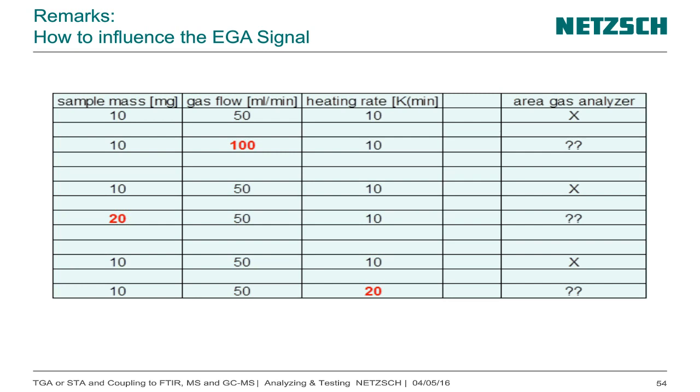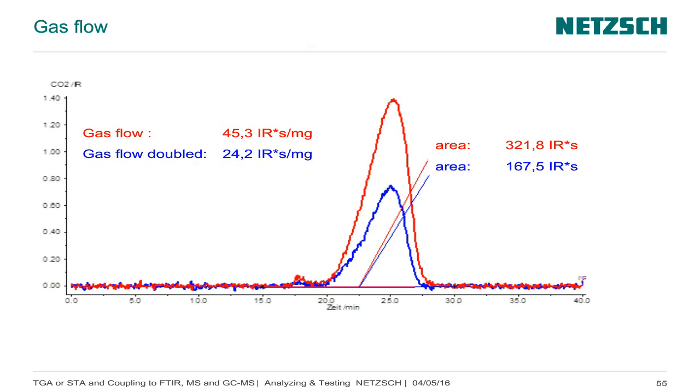Maybe you have an idea now what you expect, and I had the slides the first time at a seminar on quantification and asked the people. Some people were right, some people were wrong, so don't worry about this. And now with the double of gas flow. So with my normal gas flow, I had a peak area of 320, and then I doubled the gas flow, and the peak area was nearly the half.